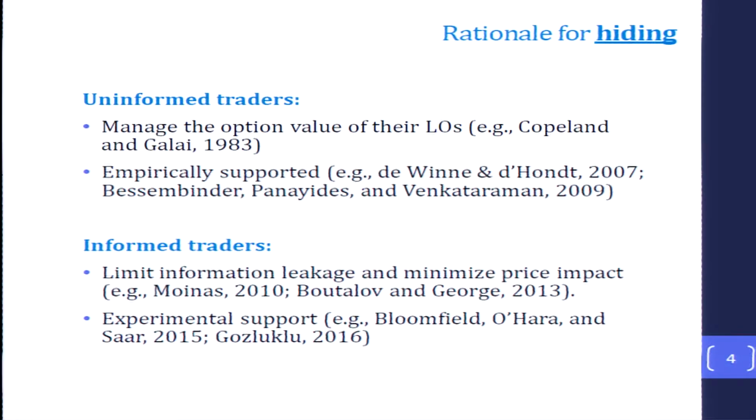For uninformed traders, the old models of the Copeland–Galai flavor said that when you are an uninformed trader trying to trade a big position, you don't want to place a 10,000 share order displayed in the limit order book where everyone can see it. So you place these large orders towards the back of the book as hidden liquidity, and you patiently sit around, and if the price moves your way, you will get the trade then.